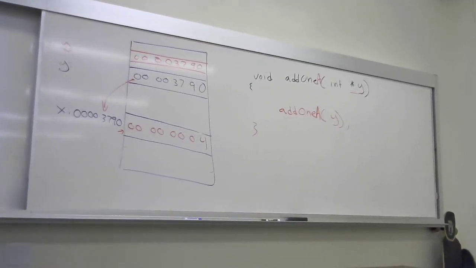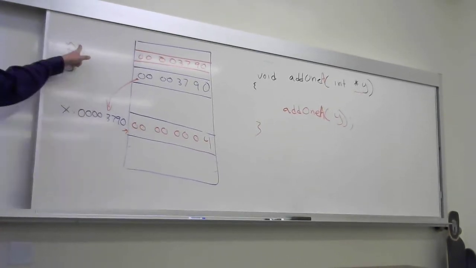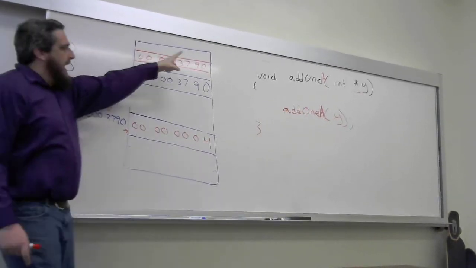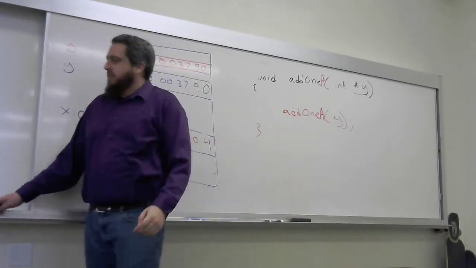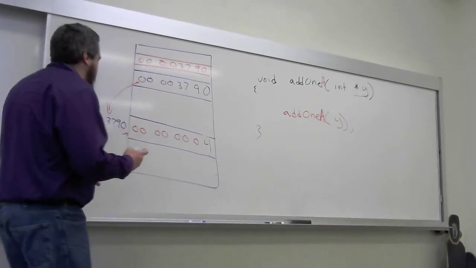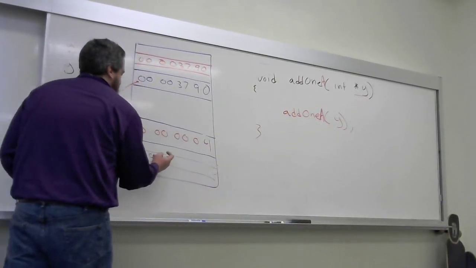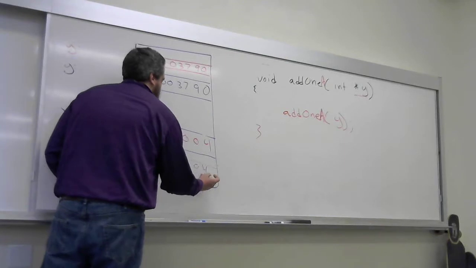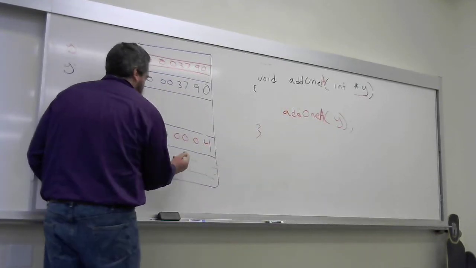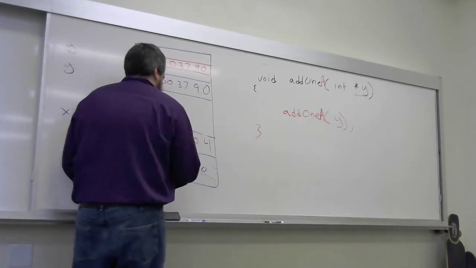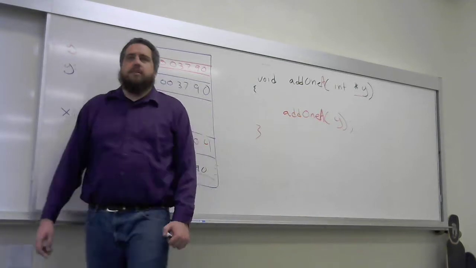So when I call add 1A over here with Y, I created this Y up there, right? Well, that add 1A calls add 1A. What does that do? Creates another Y. What does this add 1A do?